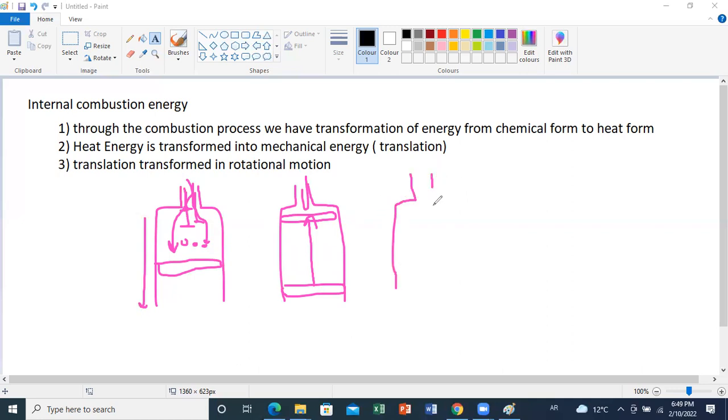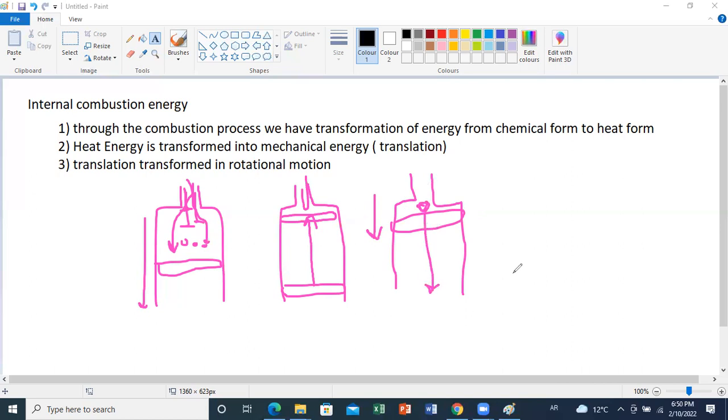You will have a very high increase in pressure and temperature within your mixture, and under the effect of this very high pressure and temperature, your piston will be moved downward with a very high force. This high push leads to translation and transforms the energy of combustion, which is in heat form, into a mechanical translation of your piston.